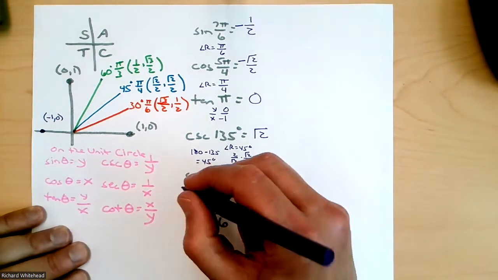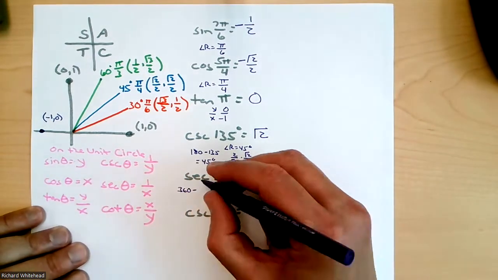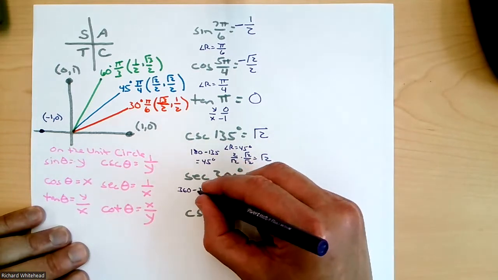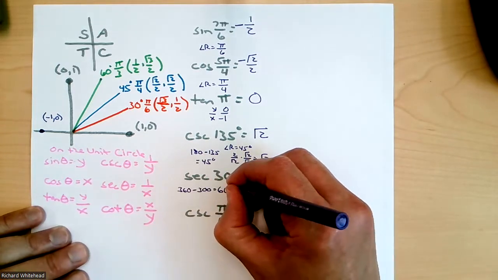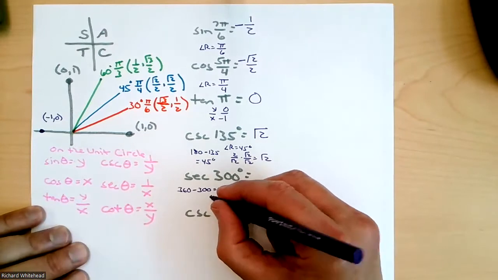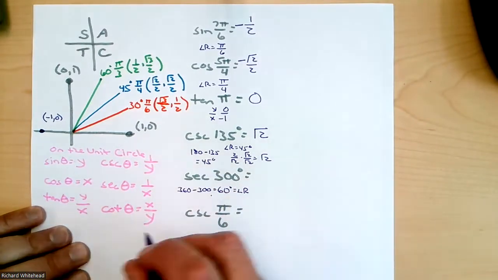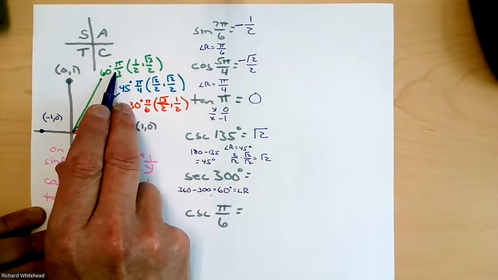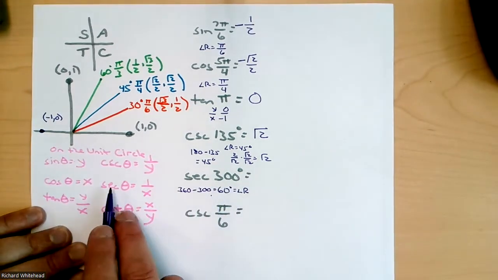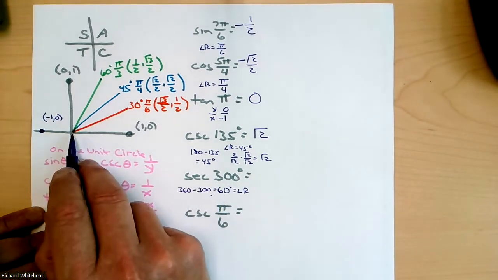300. Well, let me see. It's definitely fourth quadrant. It's bigger than 270, less than 360. So the reference is 60. So I look at the 60s and say, secant is 1 over x, the reciprocal of x.